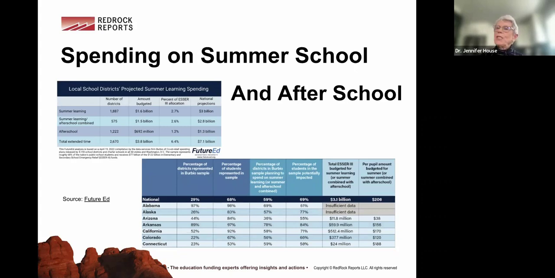The summer school is really getting the students feeling better about themselves, more confident about their learning, more confident about who they are as people, and all of the different aspects of SEL being addressed during the summer school. So this is a really important one. Also, it can be used after school as we resume school in the fall. So that was an interesting one as well.